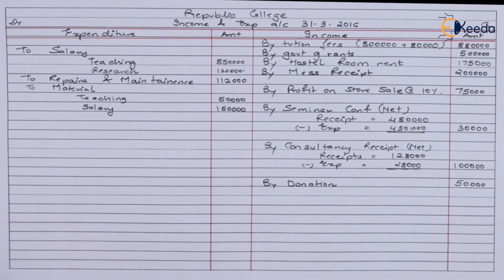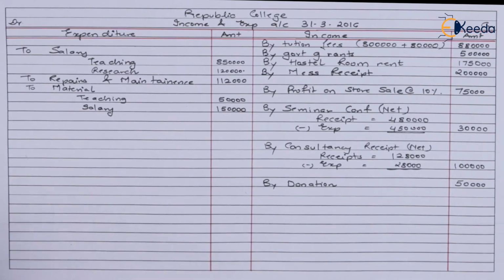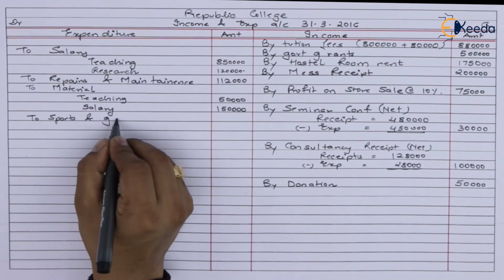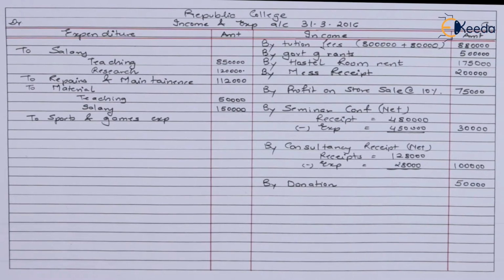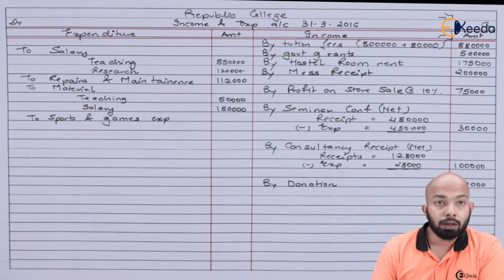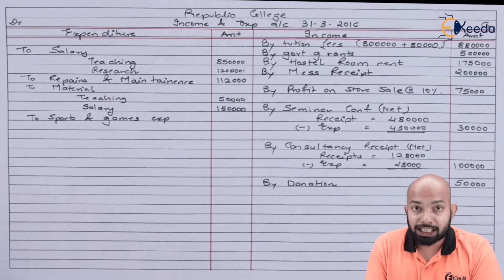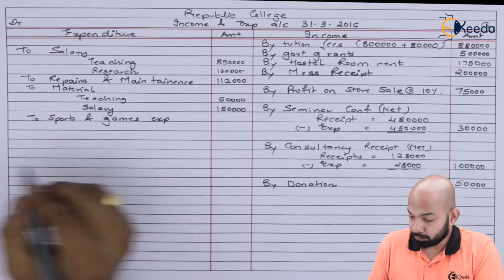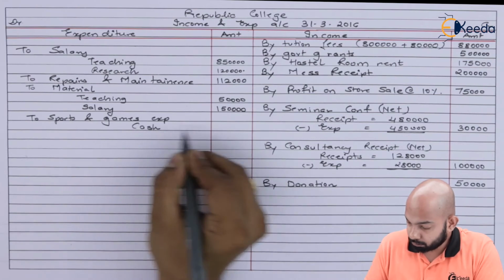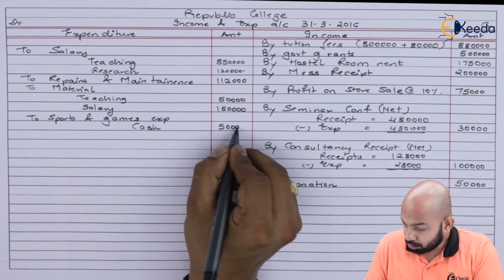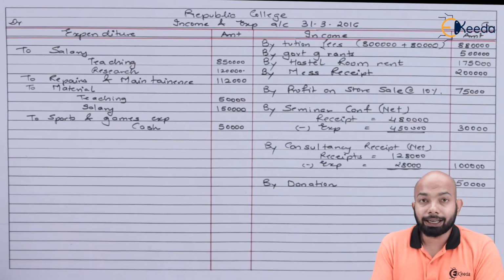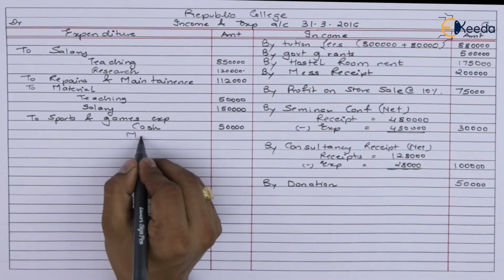The next one can be sports and games expenses. So the expense total here, the cash payment that has been made is 50,000. Simultaneously, that material has been also consumed here for sports, so that can be also clubbed here.